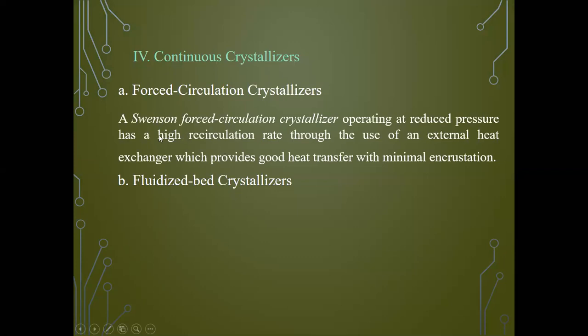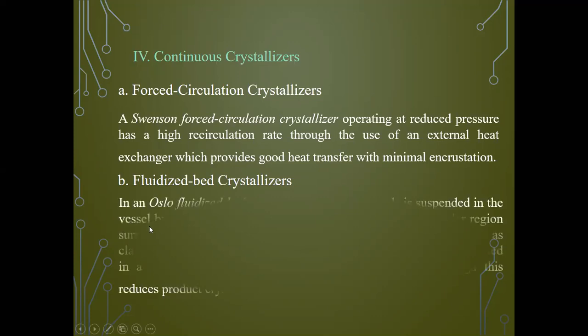This is a modified version of the standard Swenson-Walker crystallizer. It operates at reduced pressure and has a high recirculation rate through the use of an external heat exchanger, which provides good heat transfer with minimal incrustation, meaning the sides of your equipment are not encrusted with crystals.